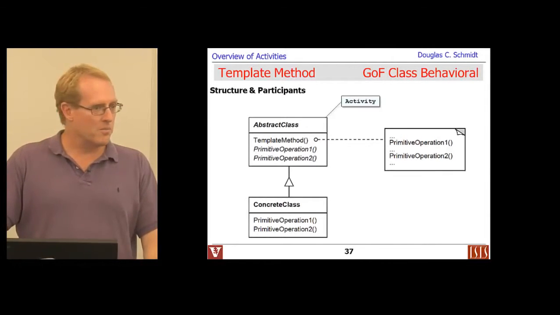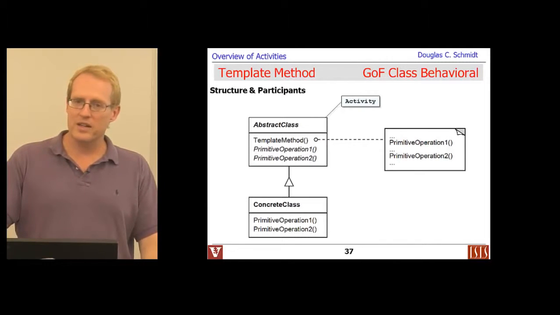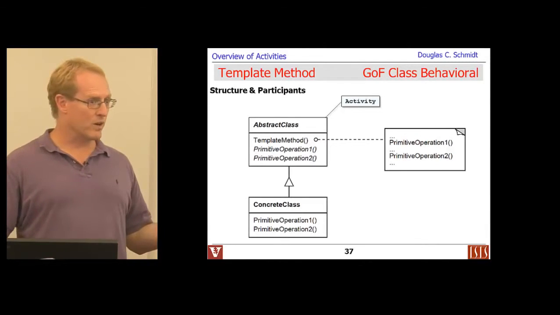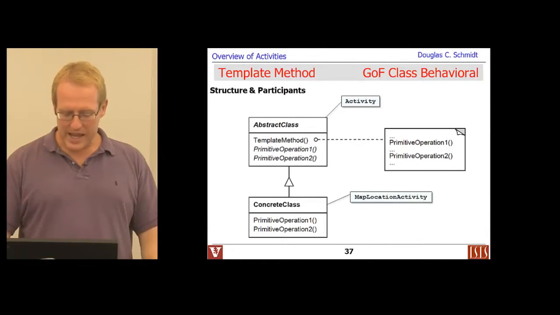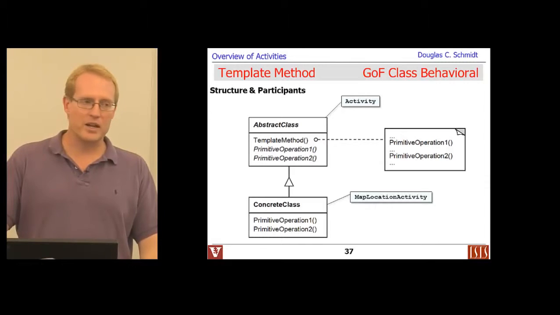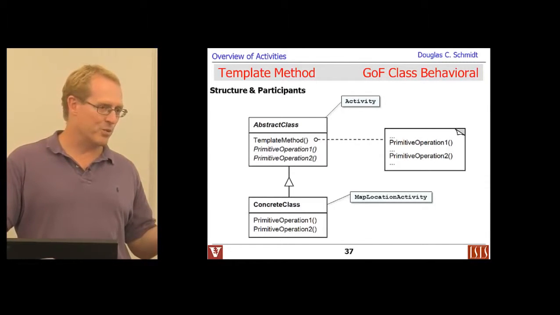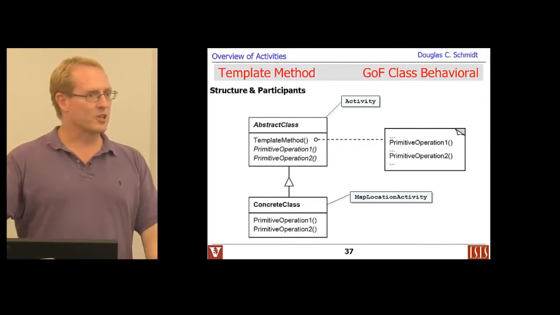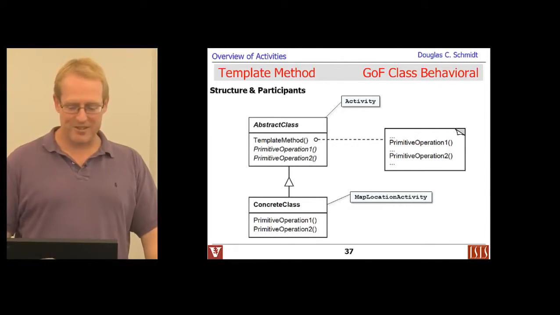So in our particular mapping of this pattern onto Android, the activity class itself is the abstract class, and we'll see that there's a couple different methods that are template methods in that context, none of which you actually call directly. That's done for you by the framework. And then you come along and you provide your own activity, like for our particular example, it might be map location activity, or lifecycle logging activity, or whatever thing is inheriting from activity.